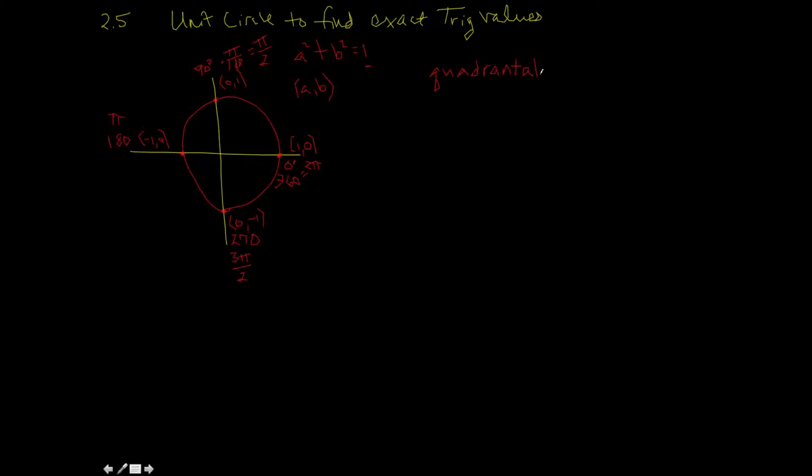With quadrantal angles, it's very easy for us to find the answer. So for instance, if I had the sine of 90 degrees, well, remember, what is sine? Sine of x equals b in the unit circle, because remember our radius is 1.